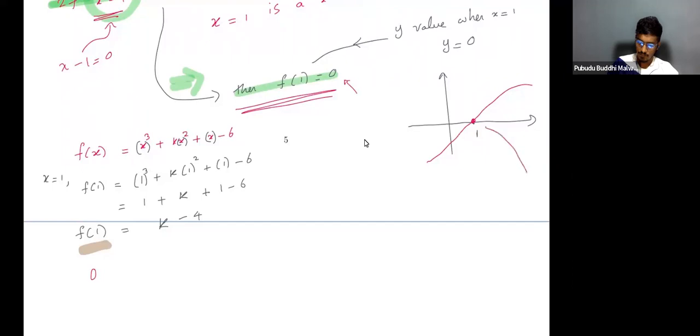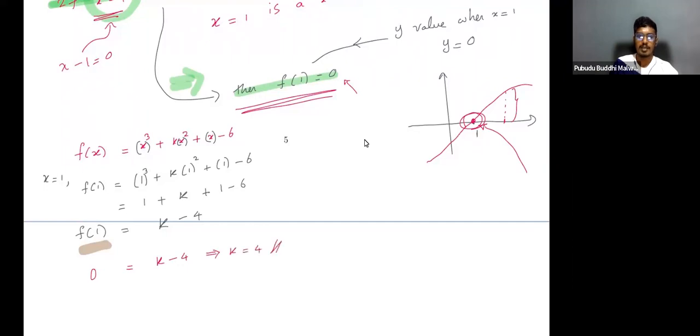Here at this point, when x equals 1, the height equals 0. That's the function value, always the height. So k minus 4 equals 0. Then move that 4 to the other side. So k equals 4.